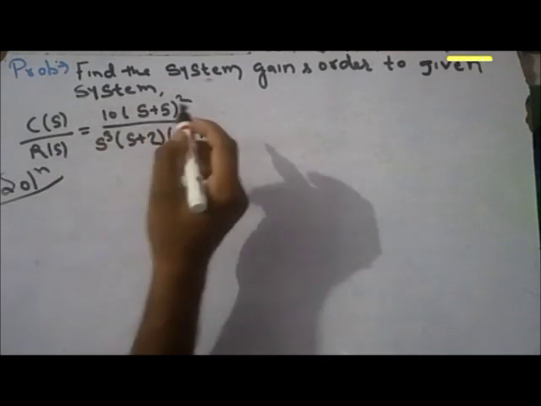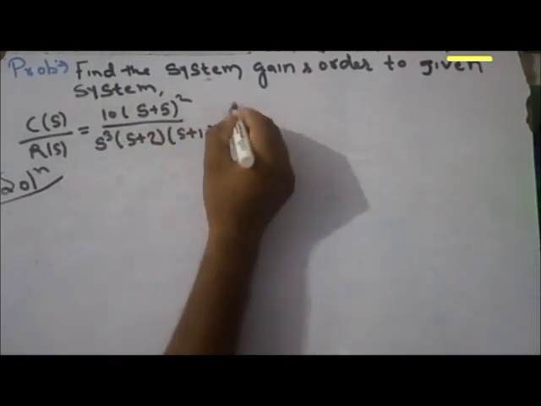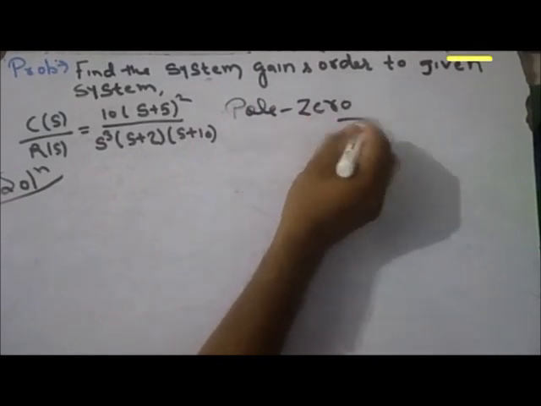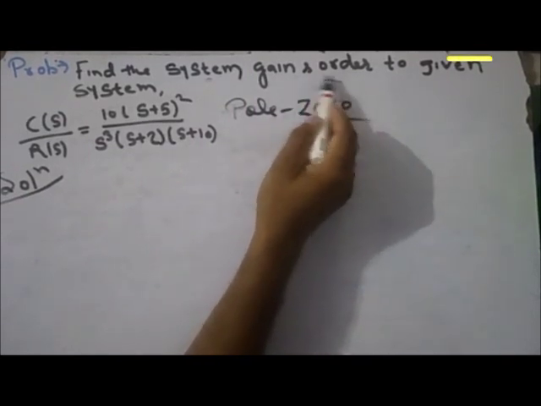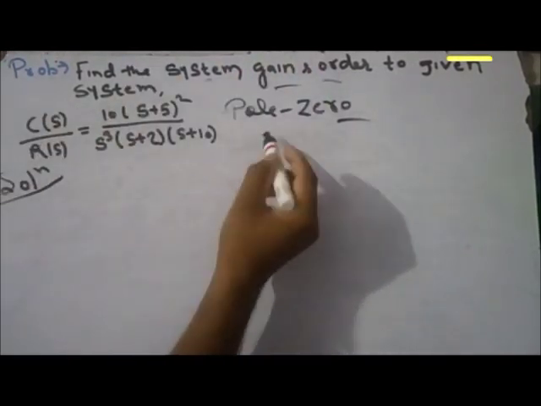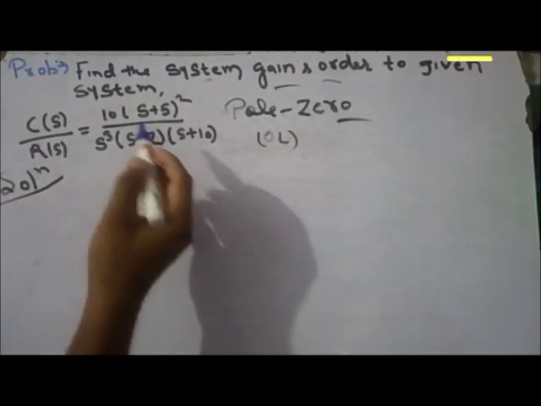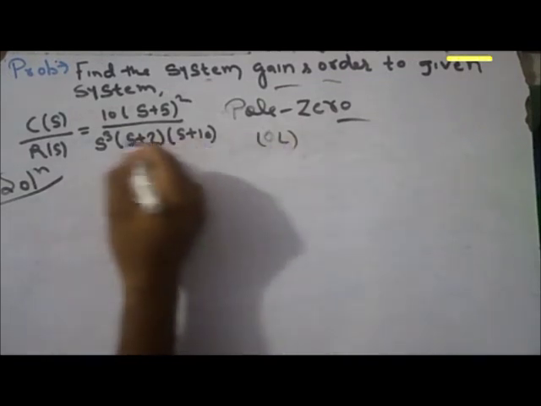Now for gain calculation, we know that we have to convert it into the standard form, like this: (1 plus s tau 1)(1 plus s tau 2) upon s to the power n (1 plus s tau a)(1 plus s tau b).